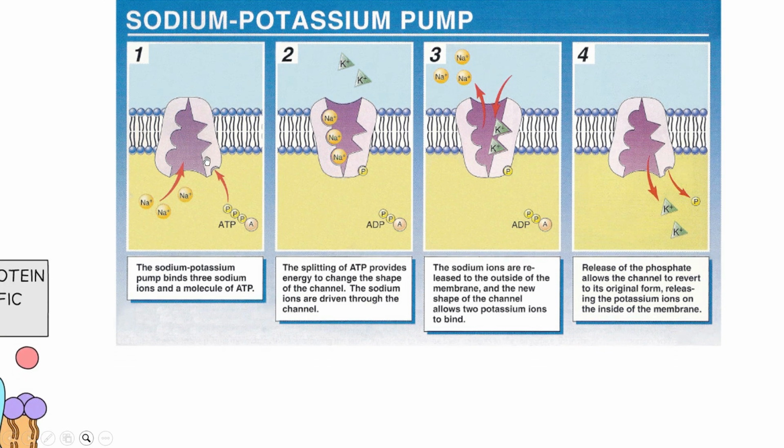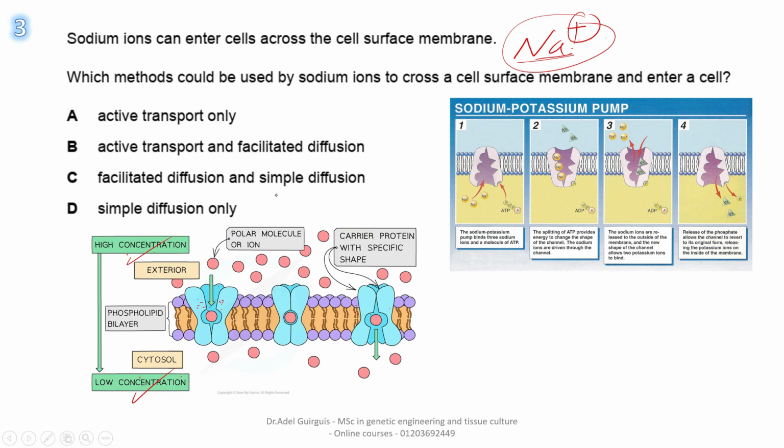This molecule of carrier protein changes its shape by the help of ATP, the energy supply released from cell respiration. So this active uptake, this active transport, is done by the help of ATP. So sodium passes by two methods, active transport and facilitated diffusion. Then the answer is B.